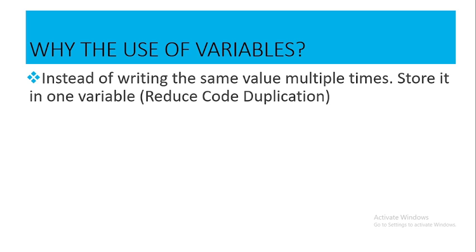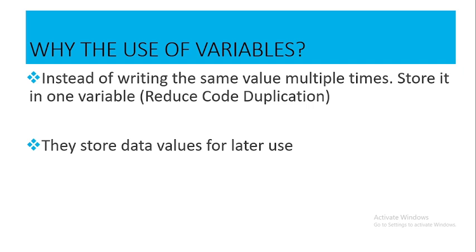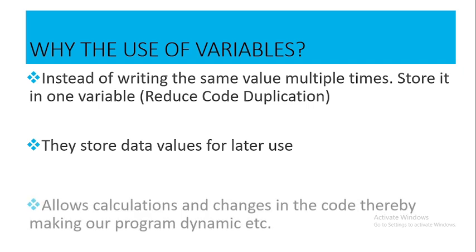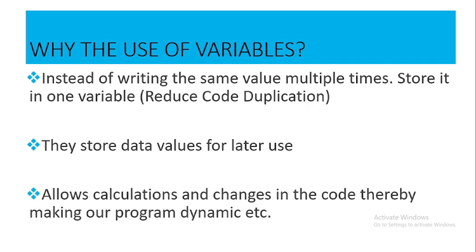So it reduces code duplication. And then they also store data values for later use. Variables allow calculations and changes in the code to be easy, thereby making our program to be dynamic.